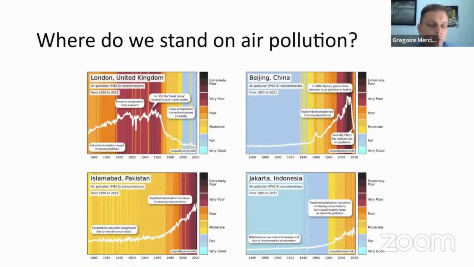And so if you look at the London situation, which is very interesting, you can see that the worst time period in terms of air pollution in London was somewhere between the beginning of the 20th century to the end of the 1960s, okay? And so since then, we see a constant and actually dramatic improvement in terms of exposure to air pollution.